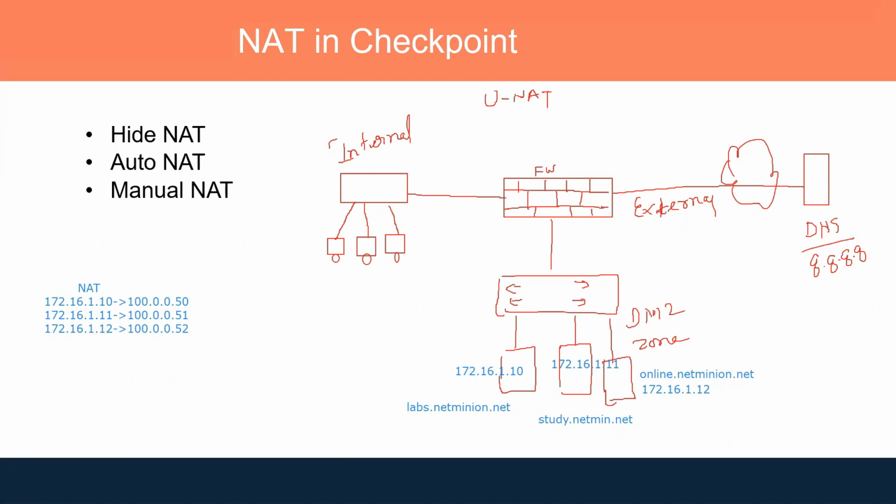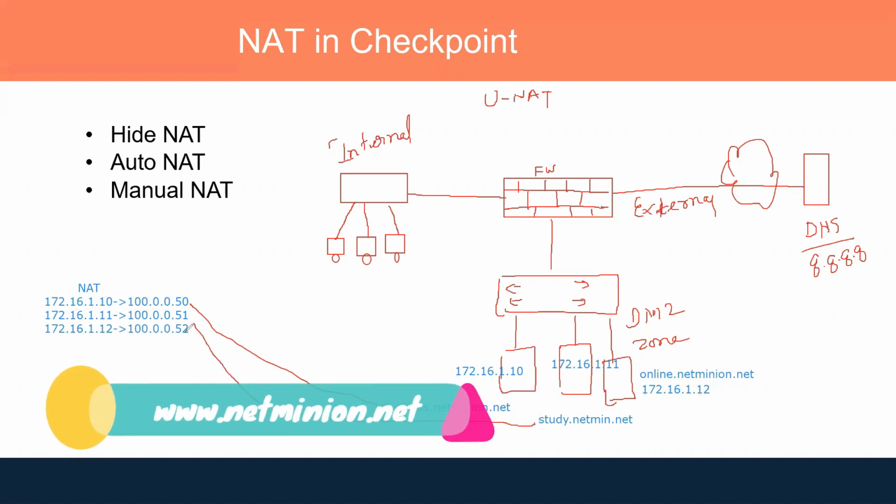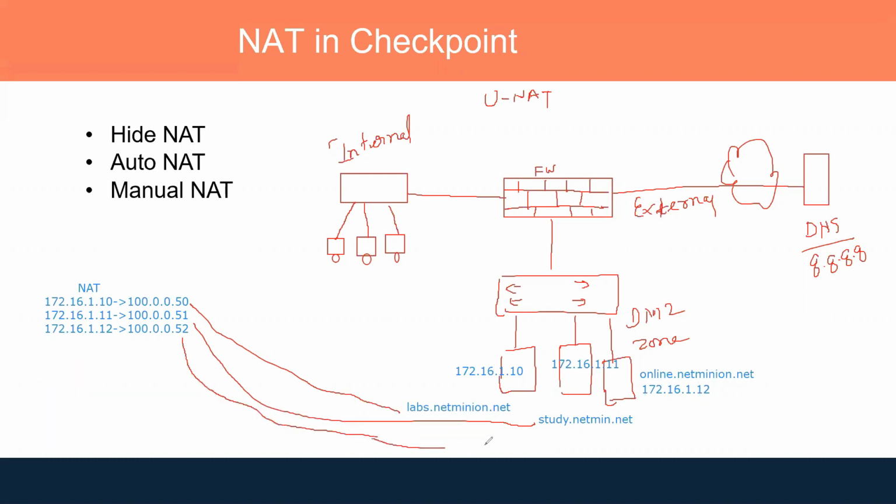When I say registered against a domain, that means labs.netminion.net would be registered against this IP, study.netminion.net would be registered against this one, and the last one, online.netminion.net, would be registered against this one.